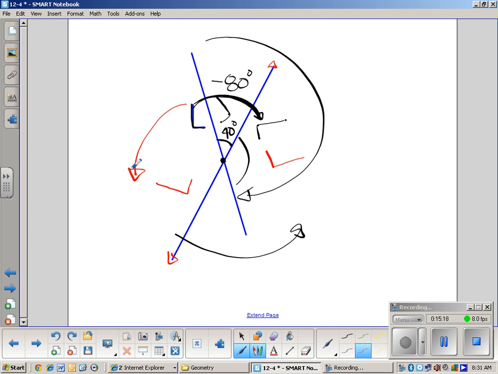Now I've rotated this way, didn't I? So by changing the order in which I reflect over the lines, it changes the direction of the rotation. It's still going to be 80 degrees, but now it's counterclockwise, so it's a positive 80 degrees. Up here, when I went over this line first and then the next line, my rotation was clockwise, which made it negative.